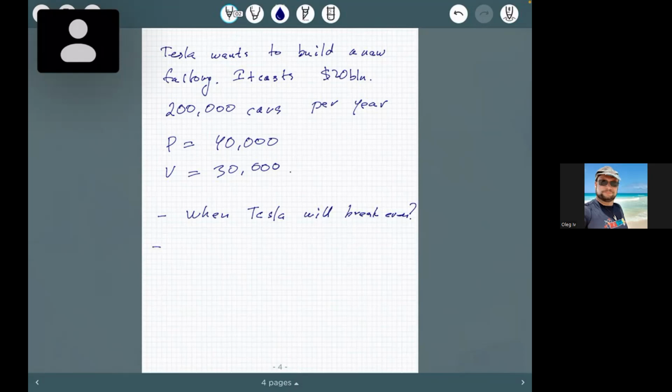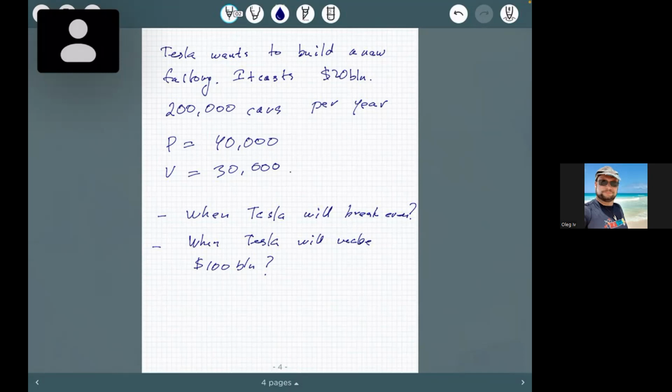Let's say, when will Tesla make $100 billion? You can have questions like this. In fact, as you can imagine, it's kind of the same question, because break even is just profit equal to zero. For $100 billion in profit, you just put in a different number, but the process to solve it is pretty much the same.